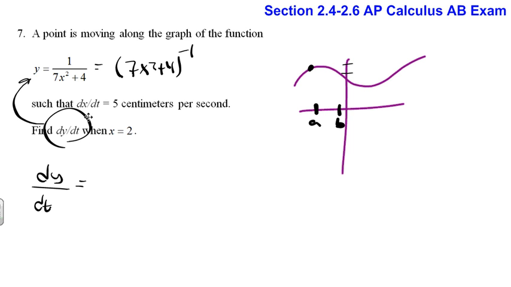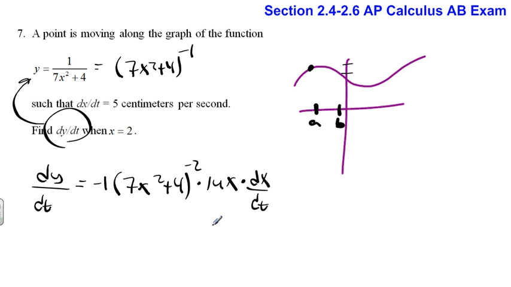If I take the derivative of this, I would bring down the -1, and then 7x squared plus 4 to the power of -2. But now this is my u, I'm using the chain rule. If I take the derivative of this guy, it would be times 14x. Well, let's remember, I'm taking the whole derivative with respect to time, so I have to tack on a dx/dt.